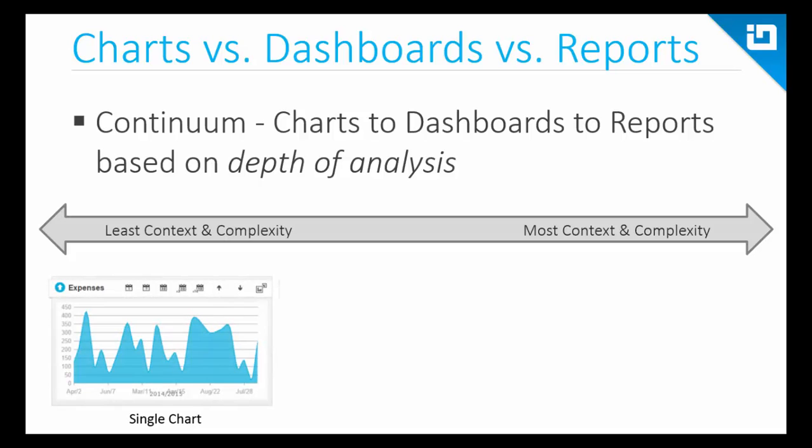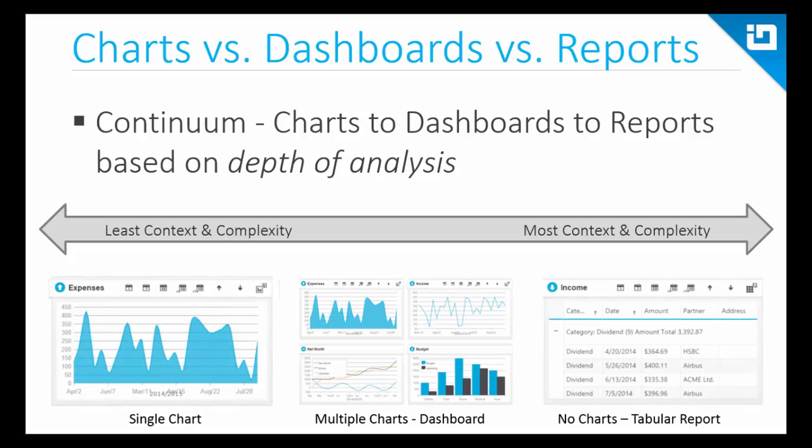So when we think about charts versus dashboards versus reports, Tobias covered this as well in his webinar. So again, I recommend you go visit that webinar online because it was really a good presentation. But he talked about this continuum of complexity.